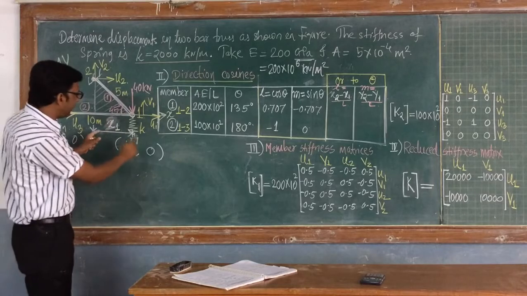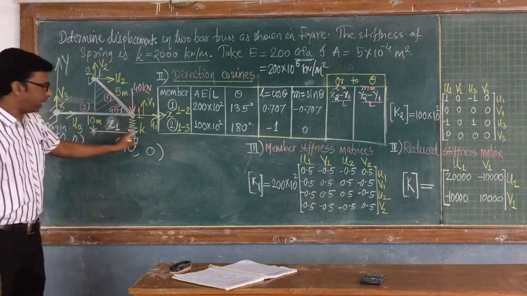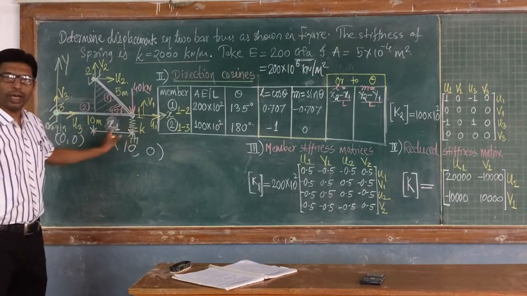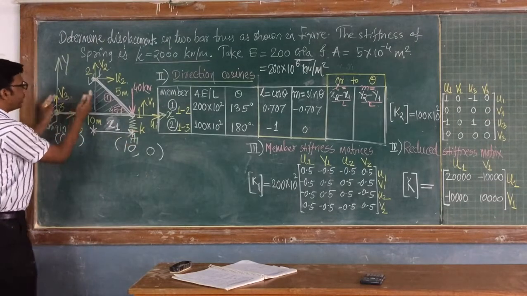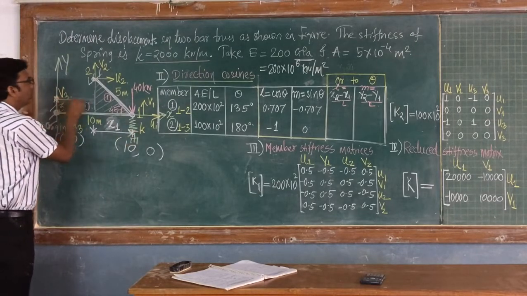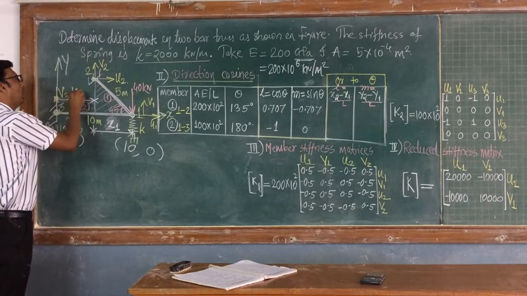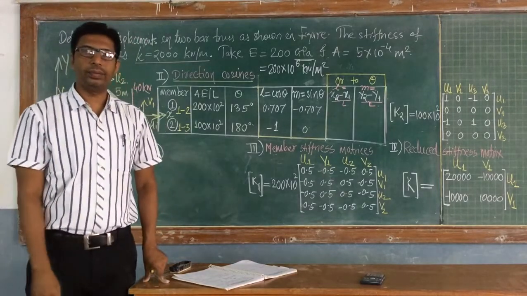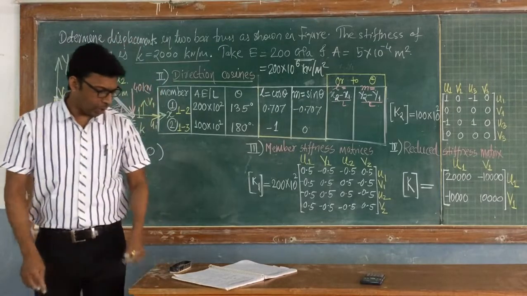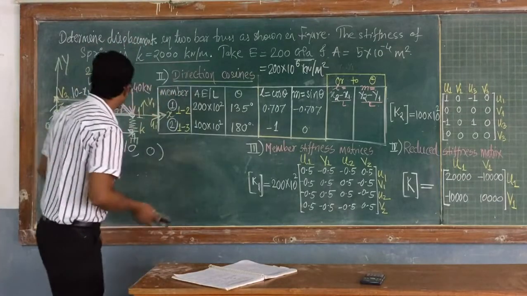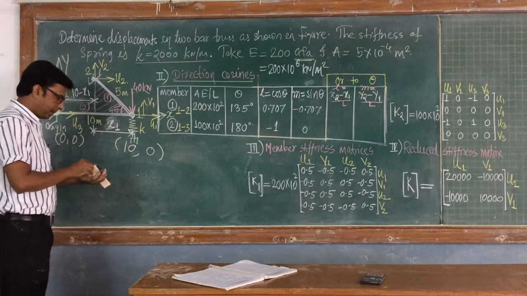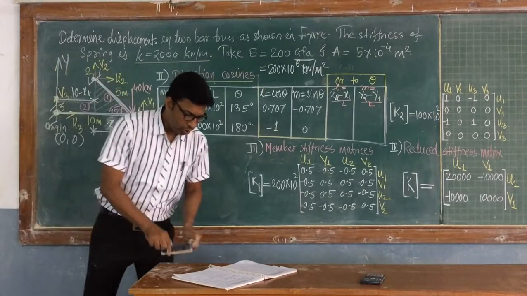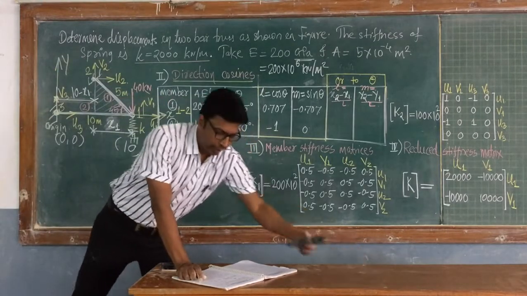If you assume this length is equal to x1, then this distance is equal to 10 minus x1.